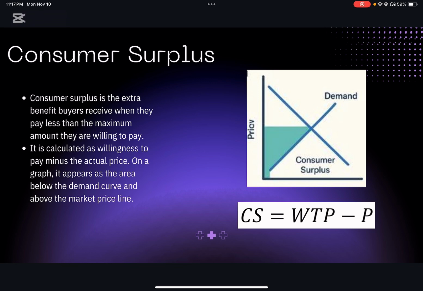That's the difference in your gain, which is the consumer surplus. On this graph, the shaded area between the demand curve and the price line is larger when the price is lower or when buyers value the product highly. In other words, the more consumers value the good compared to what they pay, the greater their surplus.